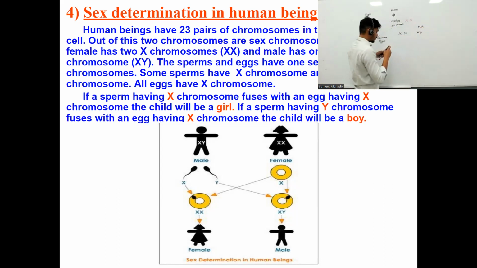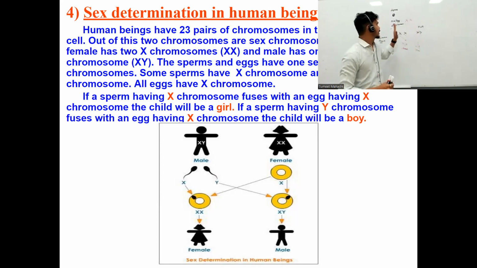But who is responsible? Male is responsible. Now, what are the chances? See, if this X is going to form the F2 generation we're going to talk about, XX, the gender will be female. This X and XY, it can be male, right? Yes or no? Yes. So who is responsible for the sex determination? Male.